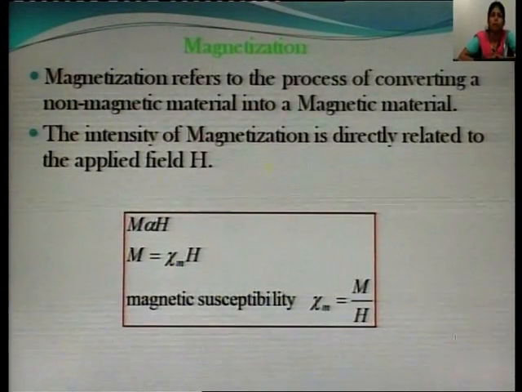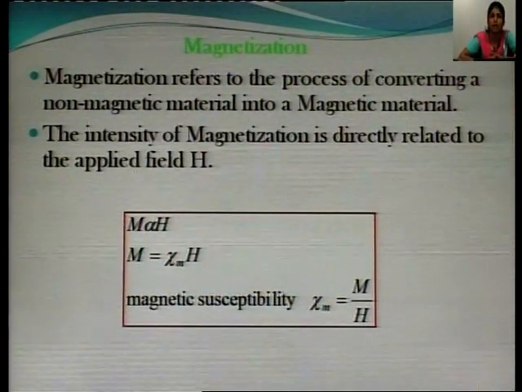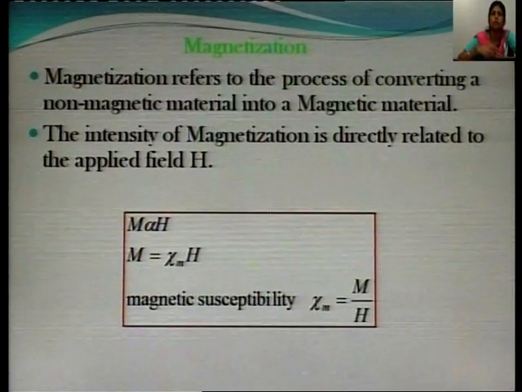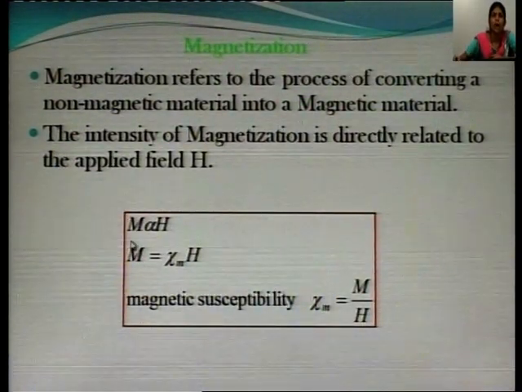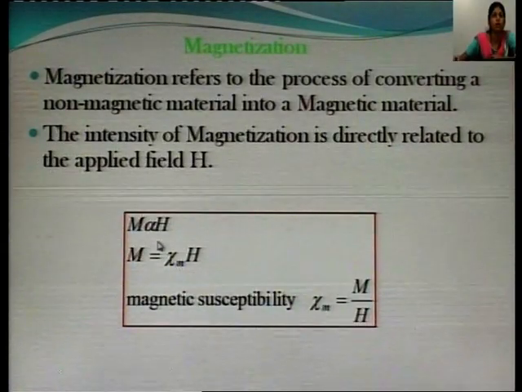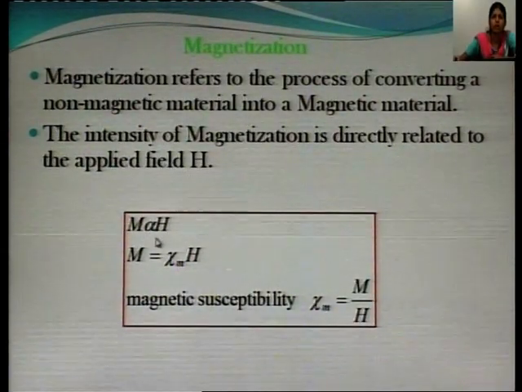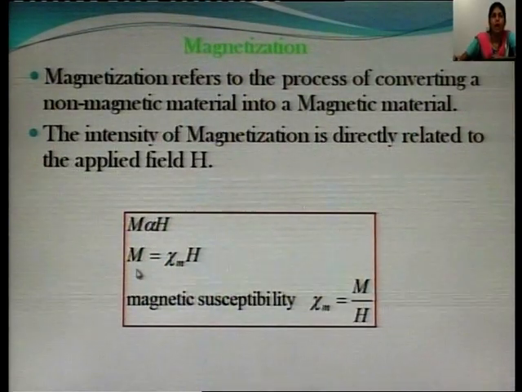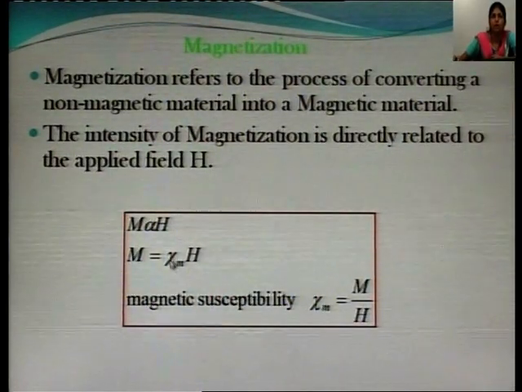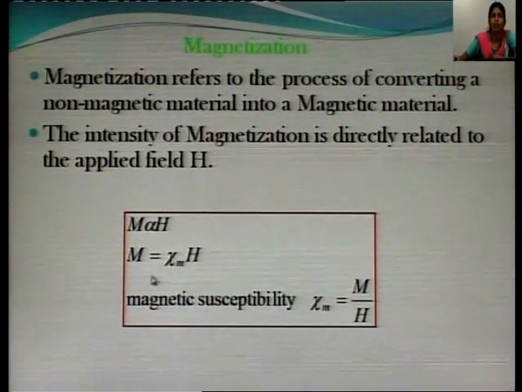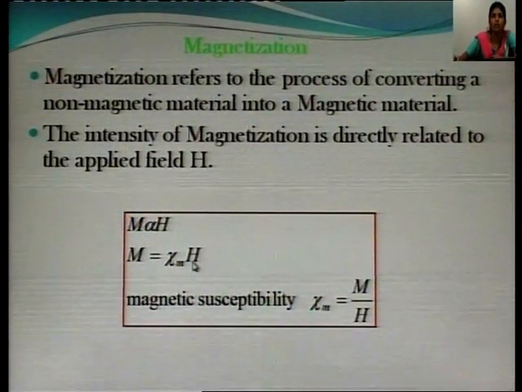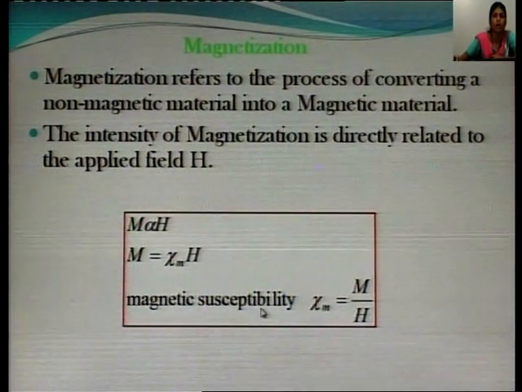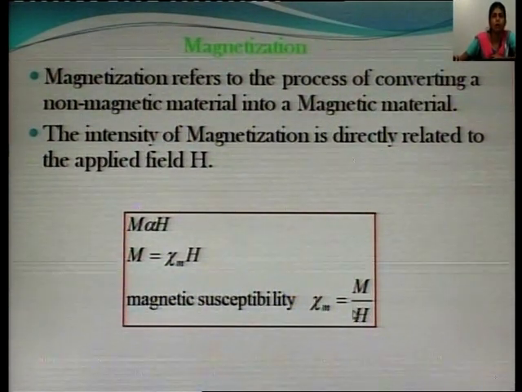The intensity of magnetization is directly related to the applied field H. So, M stands for the magnetization and it is directly proportional to the magnetic field intensity, that is H. In order to remove this proportionality sign, I have taken a constant, so M is equal to chi m H, and chi m is known as magnetic susceptibility and it is equal to M upon H.